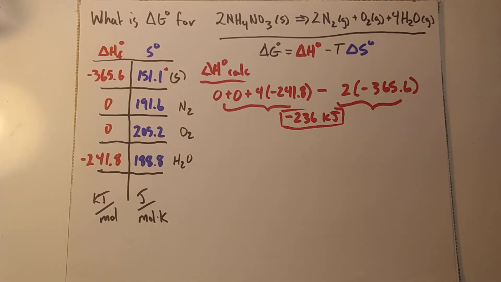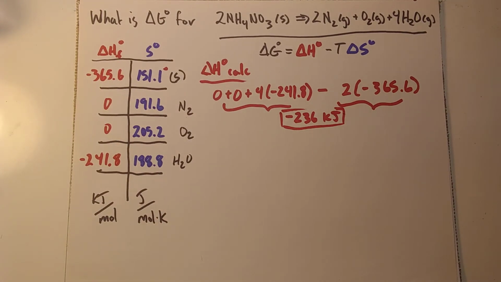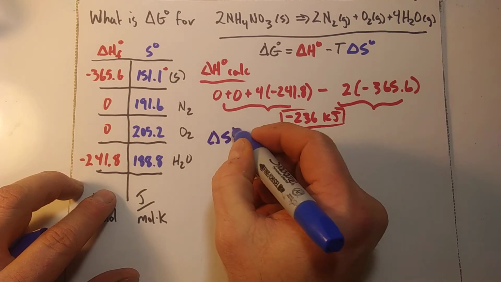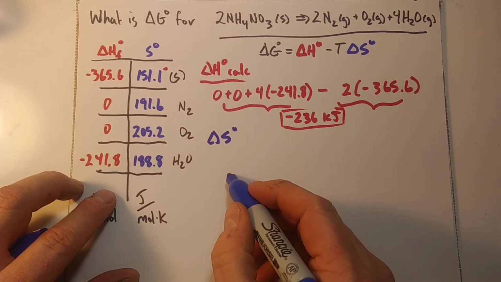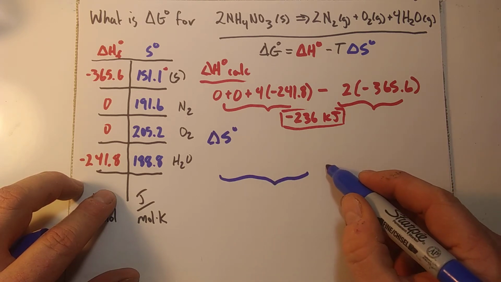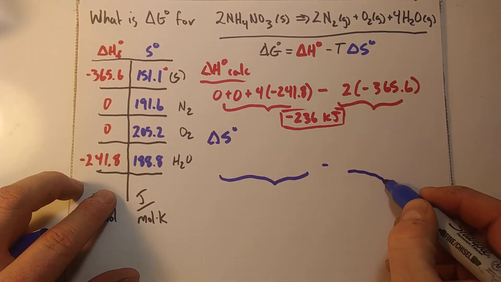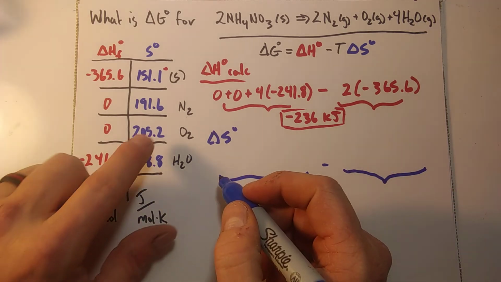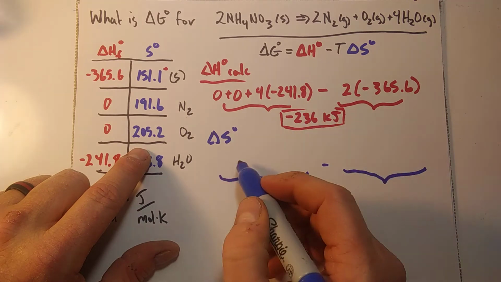So now let's turn to blue. So entropy, and we're finding the standard entropy change, so we're still going to do our products minus our reagents. So we're going to have a few more numbers here and a few more calculations to consider, so I'm going to go a little bit small.